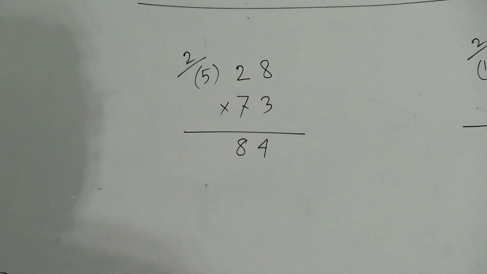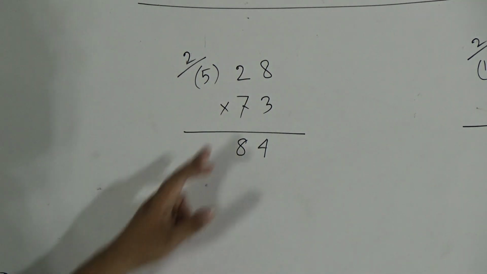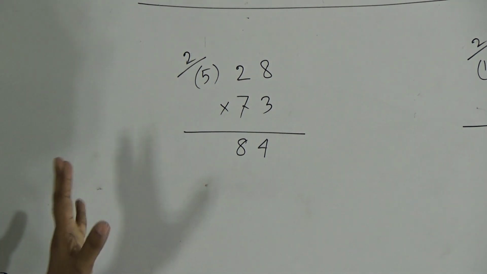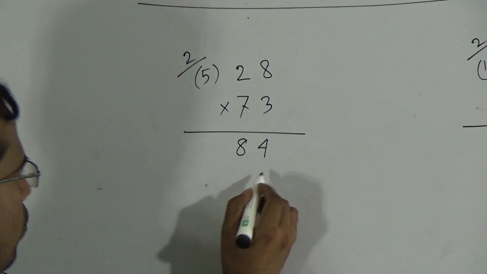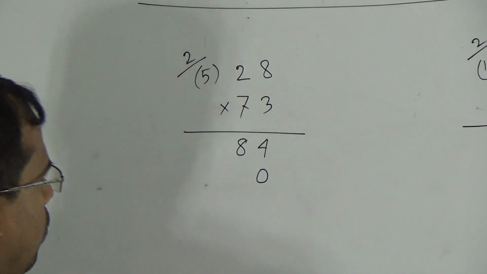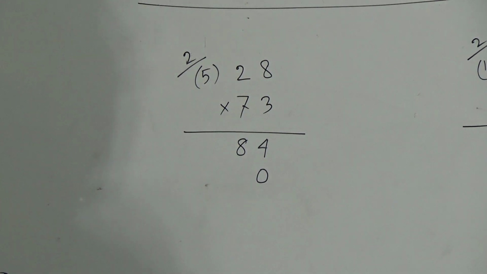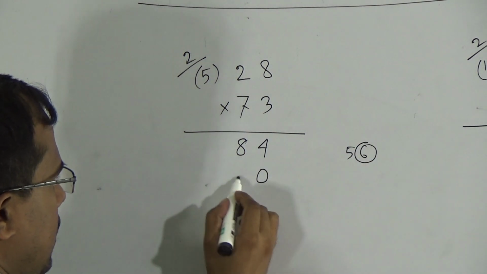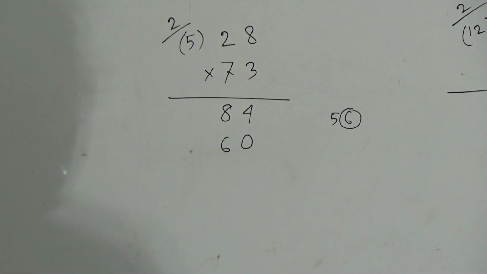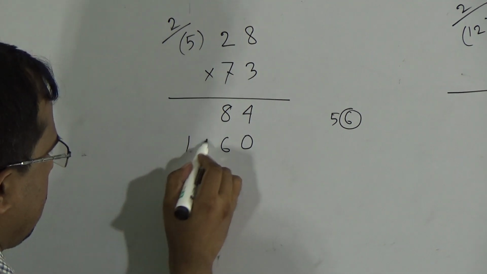Now we'll multiply 28 by tens place digit 7. Since we'll multiply this 28 by tens place digit, so at first in ones place digit we'll give 0. Now 7 eights are 56. From 56 we'll write 6 here and carrying 5. And now 7 twos are 14. 14 plus 5, this is equal to 19.